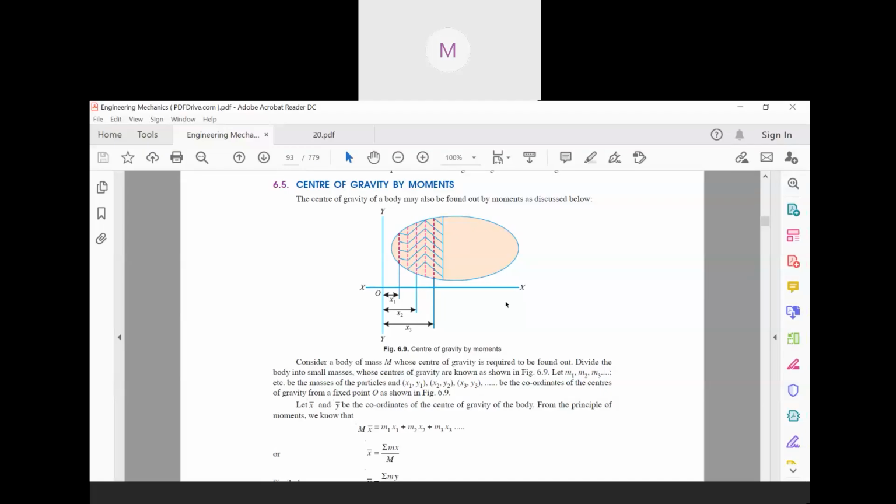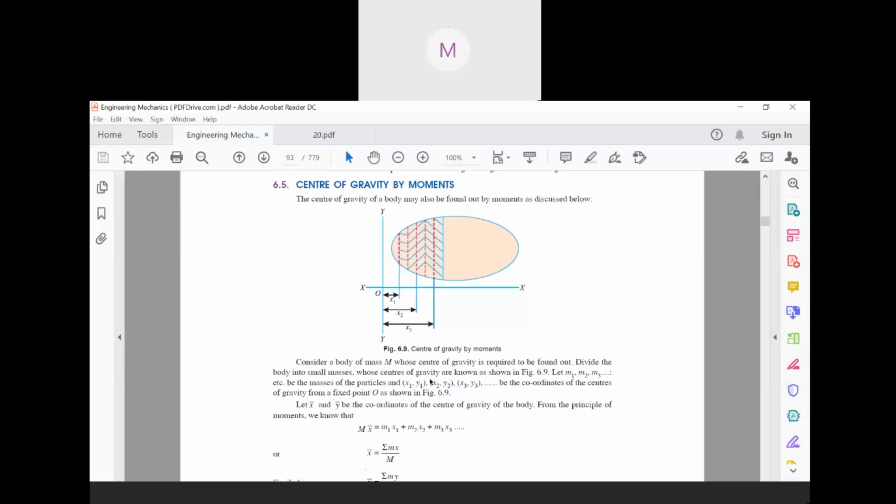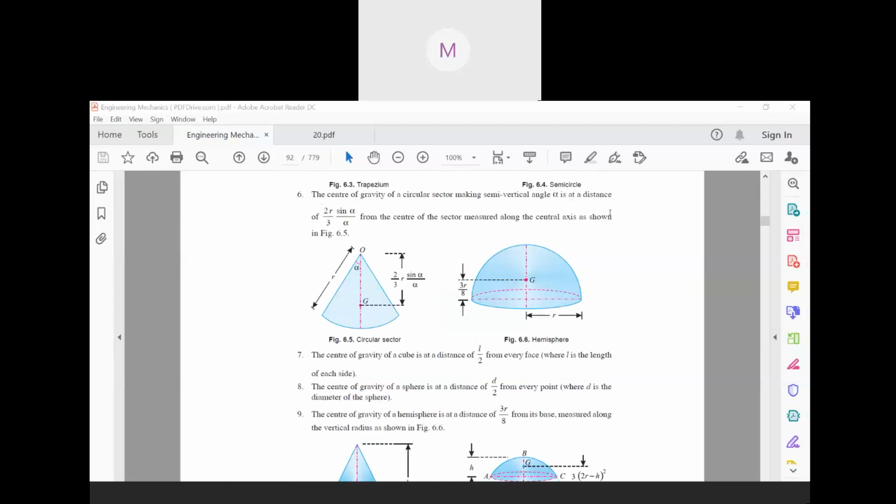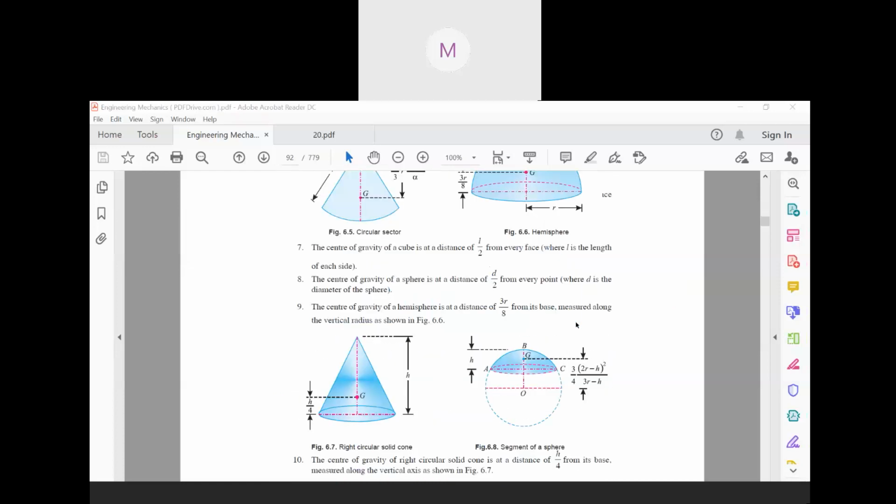So, yesterday we discussed the various parameters that were considered, right? Now, yesterday we discussed the different values of centroid and center of gravity.